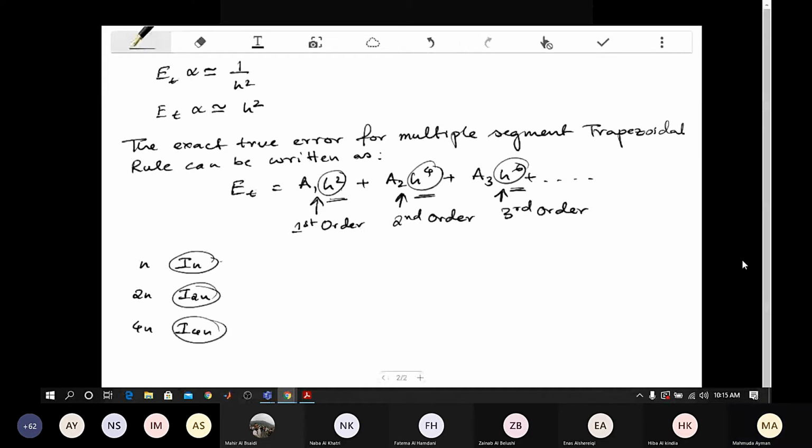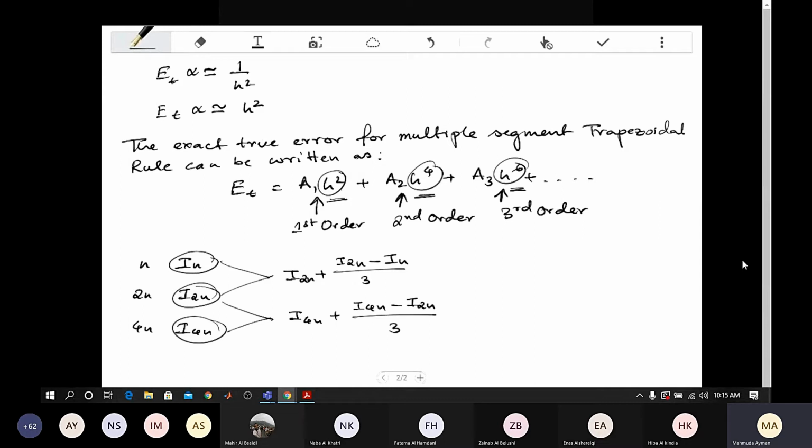Now, using Richardson's, the formula will be: to approximate the value here, it will be I of 2n plus I of 2n minus I of n divided by 3. And here it will be I of 4n plus I of 4n minus I of 2n divided by 3.